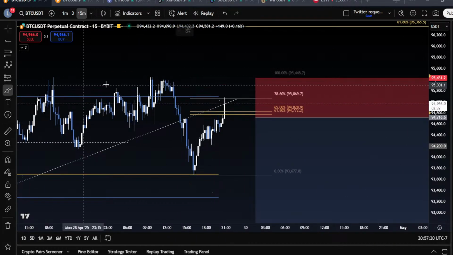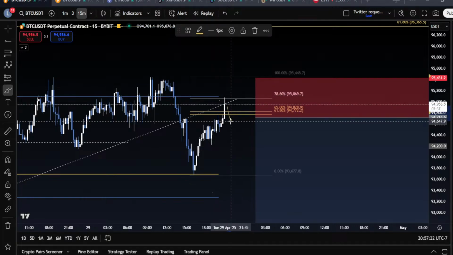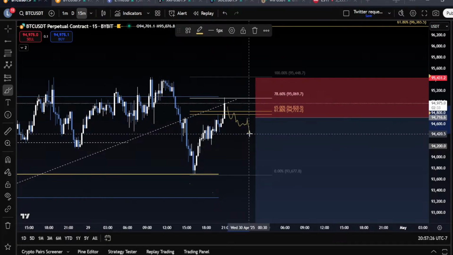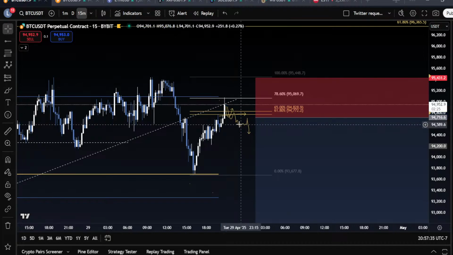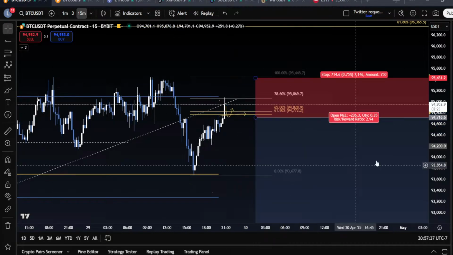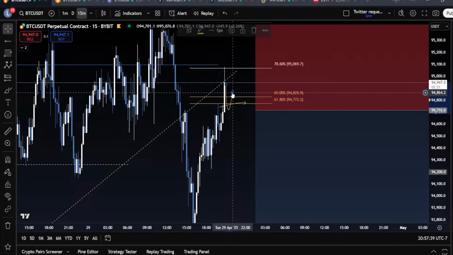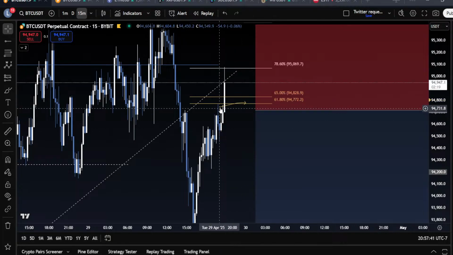It's probably got to be a strong consideration of getting out of this trade if we get this, kind of risking the half stop for break even.